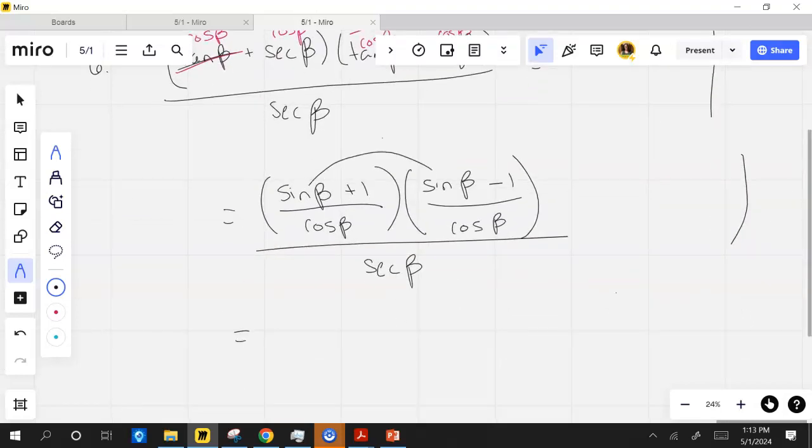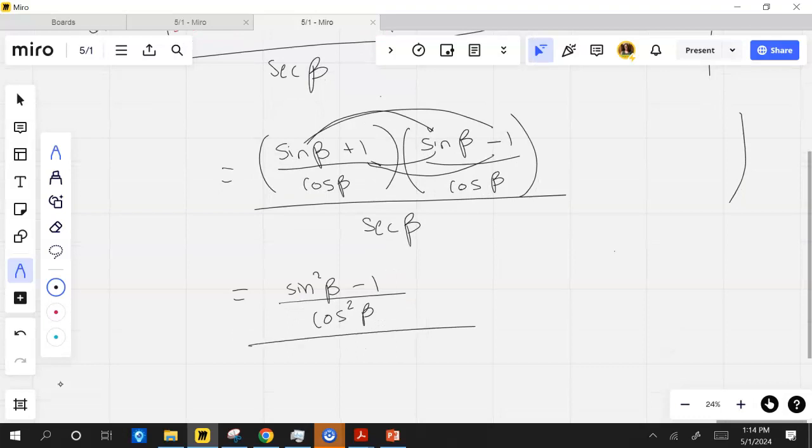All right, if you FOIL these out, I get sine squared beta minus sine beta plus sine beta, which cancel each other out, minus 1, that should look familiar to you, over cosine squared beta, everything over secant beta.